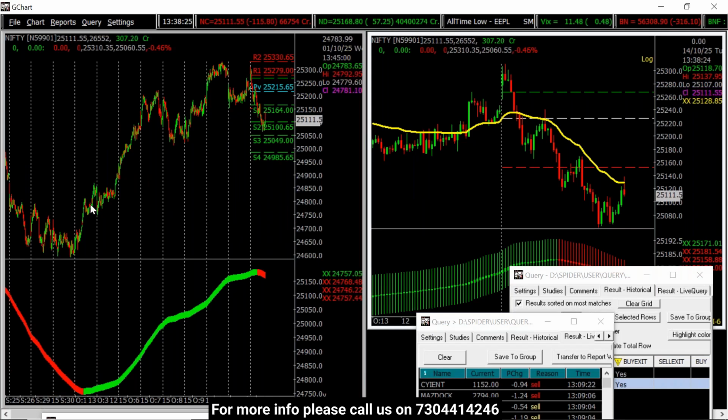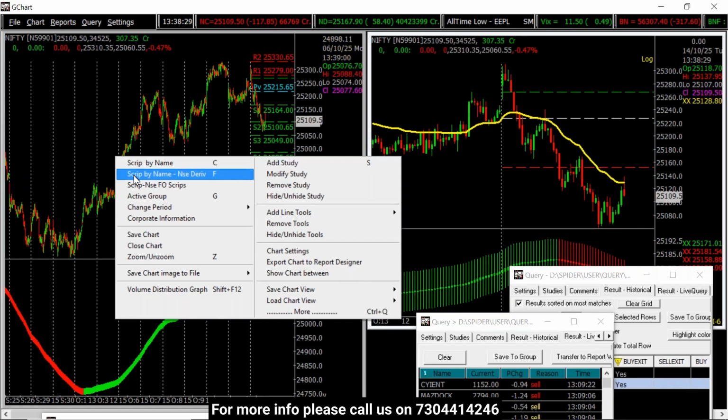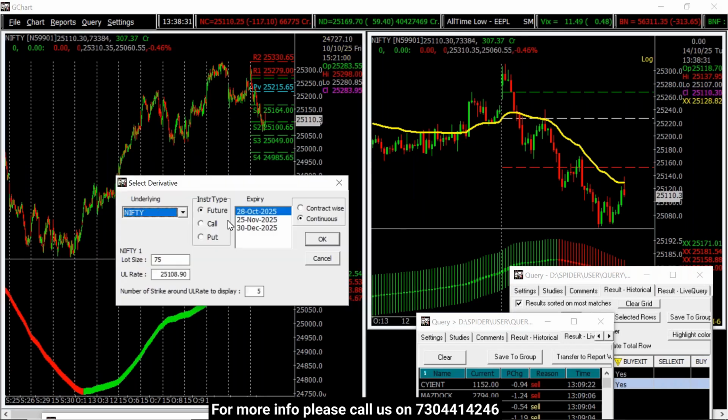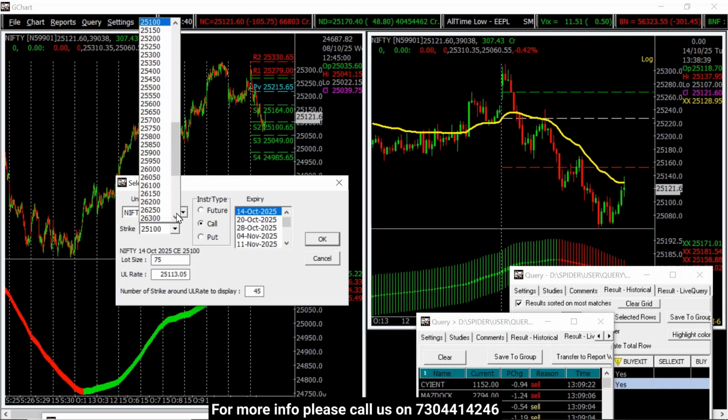Overall we have seen a move of 600 points. If you go to the Nifty monthly expiry 24,000 deep in-the-money call, a trader can also generate wealth with participation in the strategy.